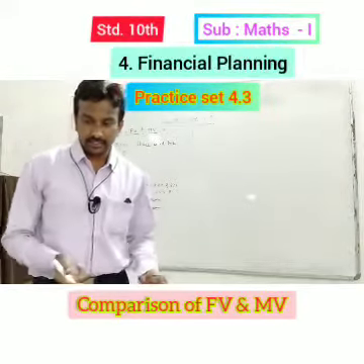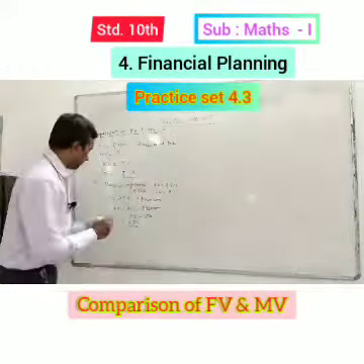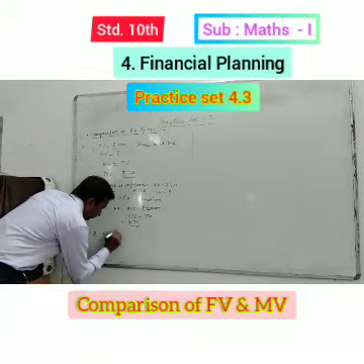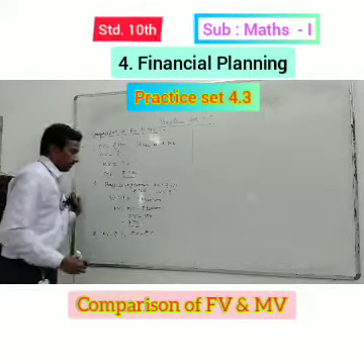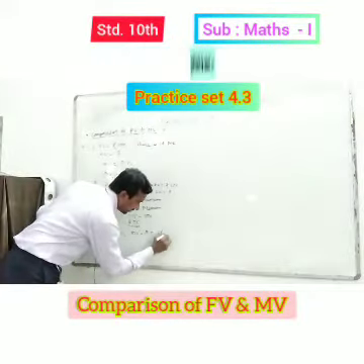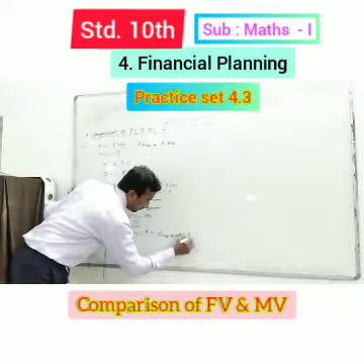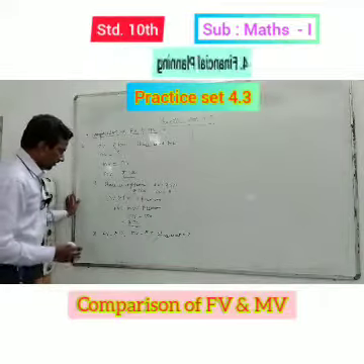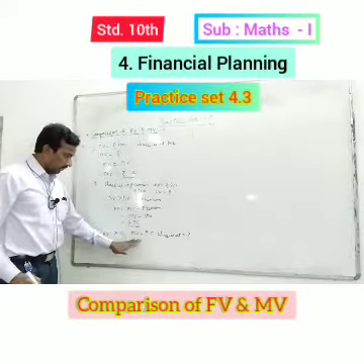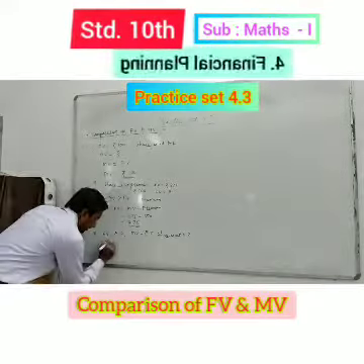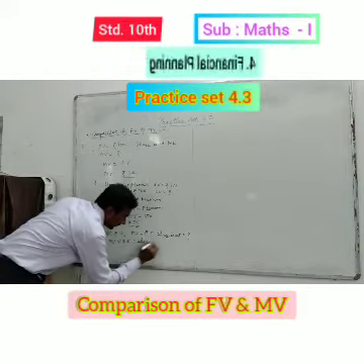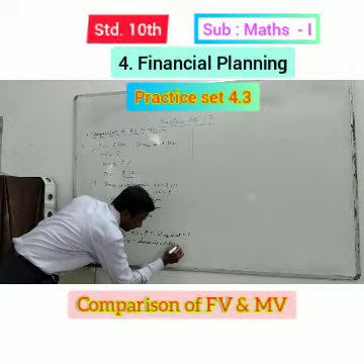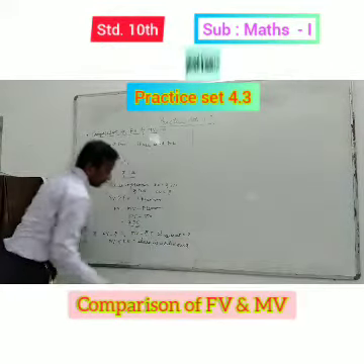Okay. Now, third one is face value is given, it is rupees 10 and market value is rupees 5. Then find share is at dash. Now, if market value is less than face value, then share is at discount.